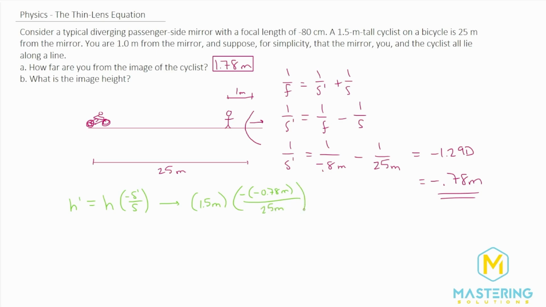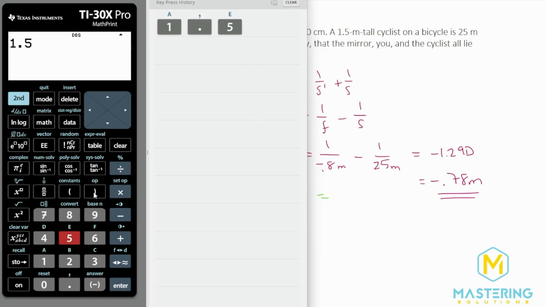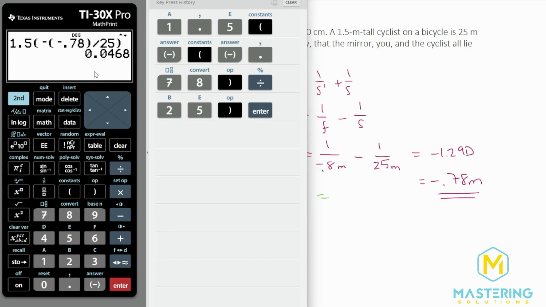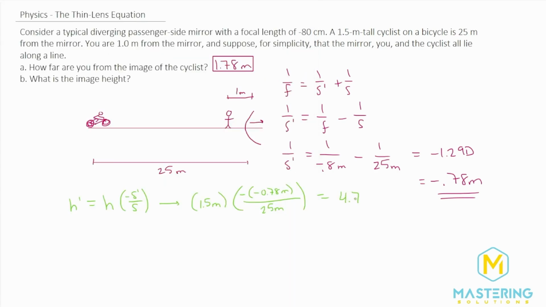So we have 1.5 meters, multiplied by a negative for the equation, and then s prime is negative 0.78, divided by 25 meters for s. So we have 0.0468 meters. So if we move the decimal place 1, 2, we can round that to 4.7 centimeters.